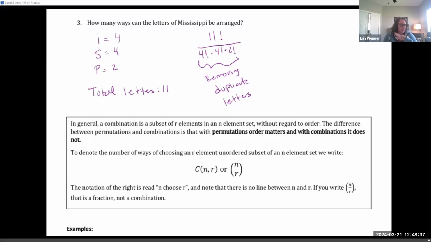So you'd actually need to find what is 11 factorial, right? In the denominator, you're taking 4 factorial times 4 factorial times 2 factorial. And so again, you're simplifying that numerator and simplifying that denominator before you actually divide them for the final answer. So I want you to go ahead and do that calculation and send me your answer in a direct message.